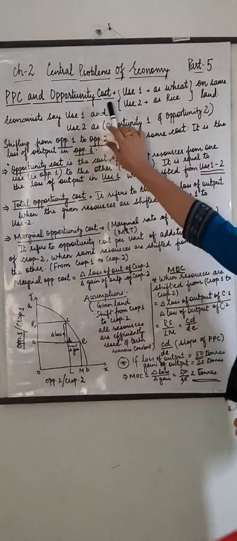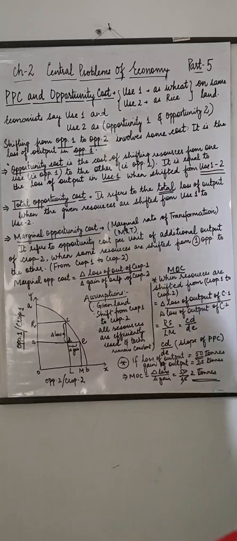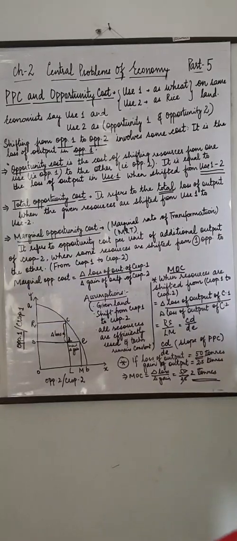PPC and opportunity cost. We have already discussed that when combinations of goods are there, to increase one we have to decrease the other. Keeping in mind this concept, understand this. Suppose a piece of land is there.